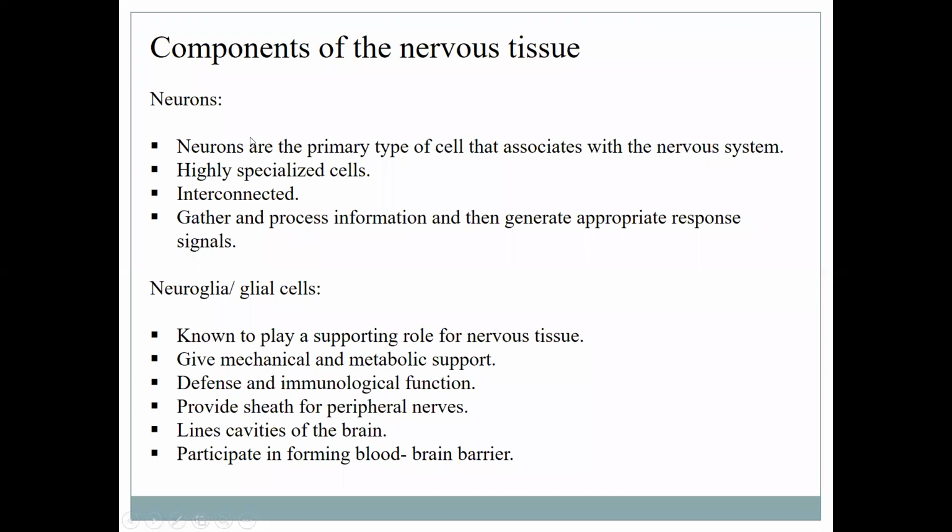So, when we look at the differences and the basic characteristics of these two cell types, the neurons are the primary type of cells associated with the nervous system. The neurons are highly specialized cells in the nervous system, responsible for propagating the signals.